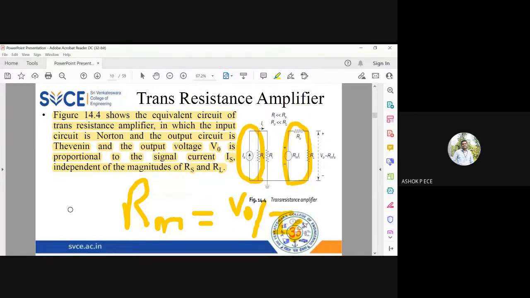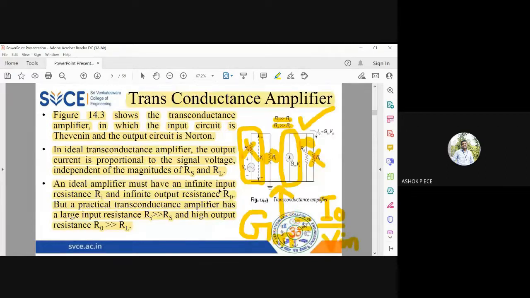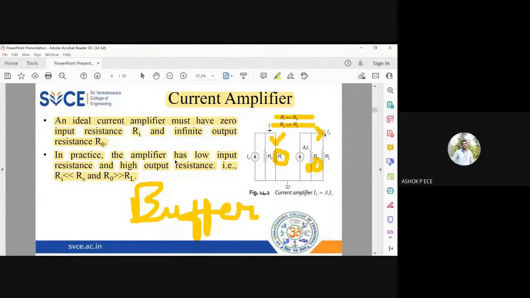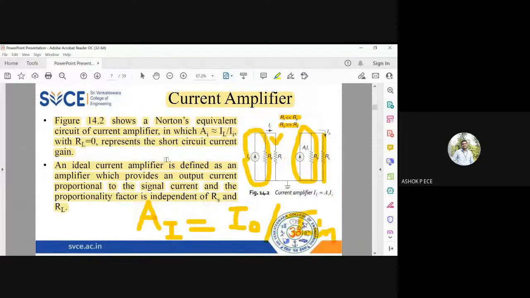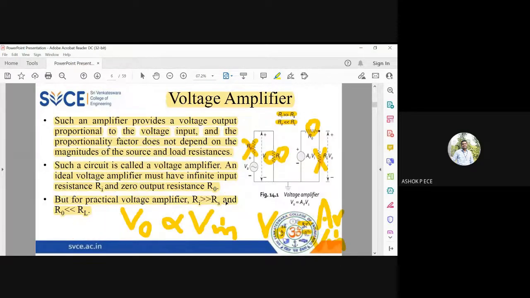For transresistance the unit is ohm. For transconductance the unit is ohm inverse or mho, or Siemens. For voltage gain and current gain, you don't have any unit. Sometimes you use dB to represent current gain, and voltage gain also you quantify in dB.